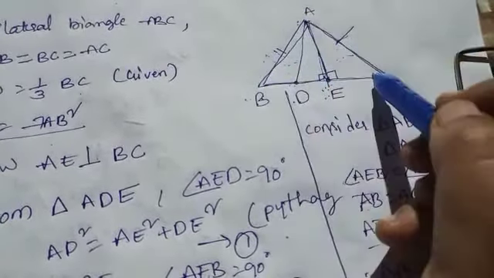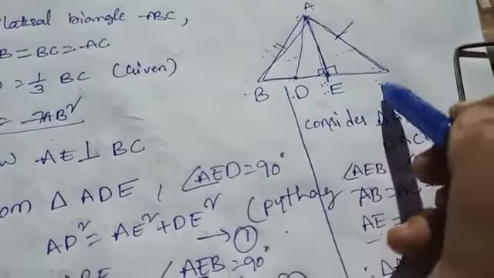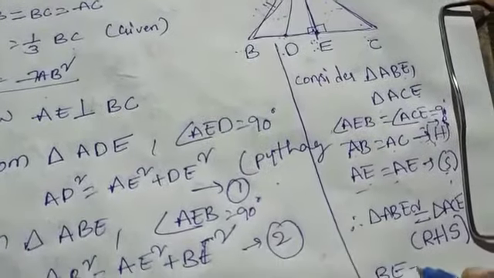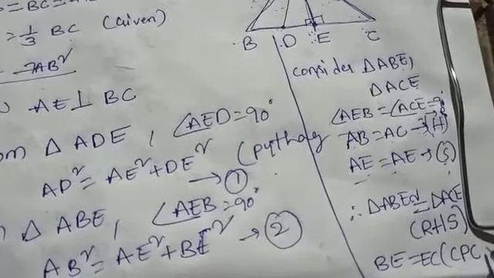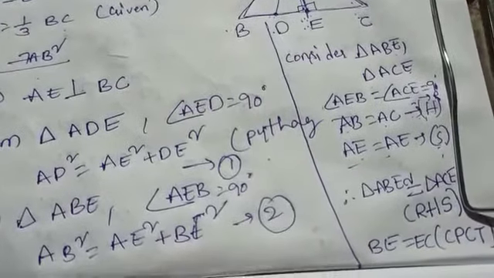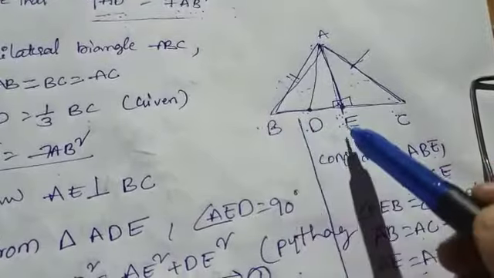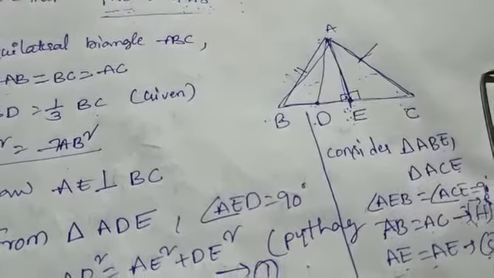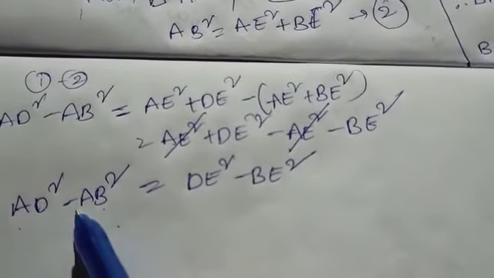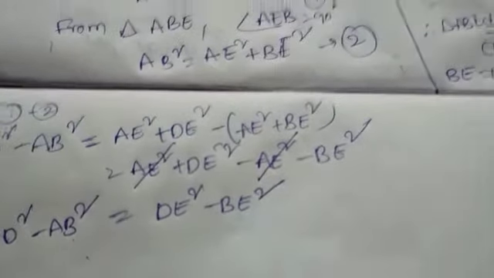AB equal to AC, AE equal to AE and BE equal to EC, corresponding parts of congruent triangles. Here we get the equation AD square minus AB square equal to DE square minus BE square.